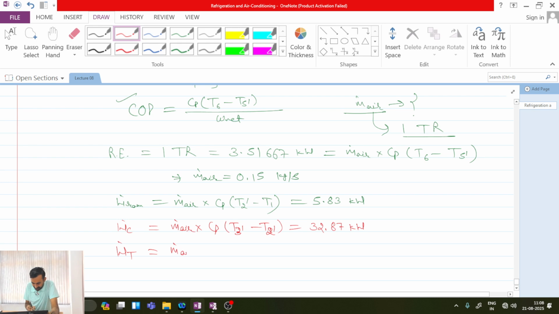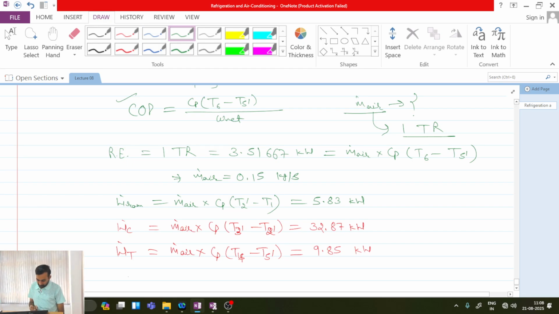So m dot air into Cp into T4 minus T5 dash. How much is it? Close to 9.85. Is this one clear?